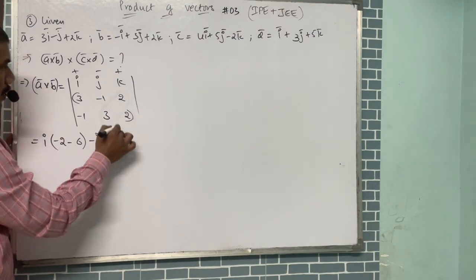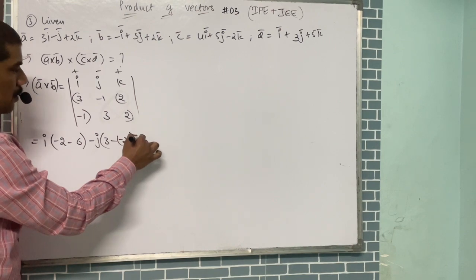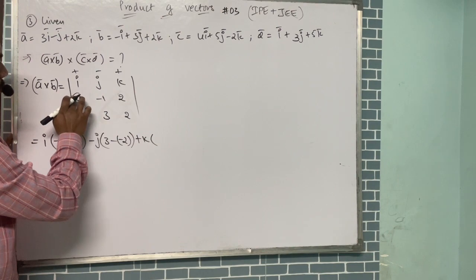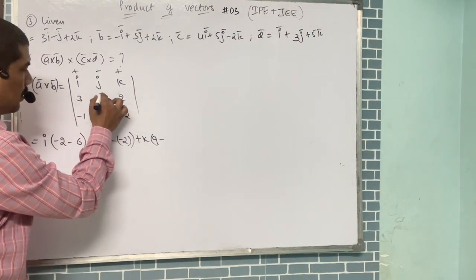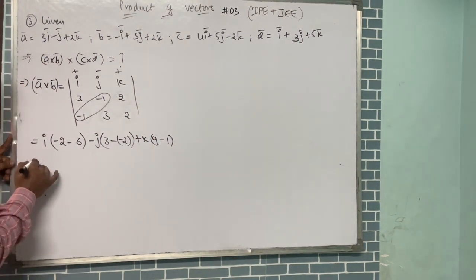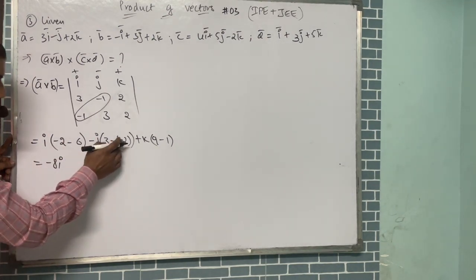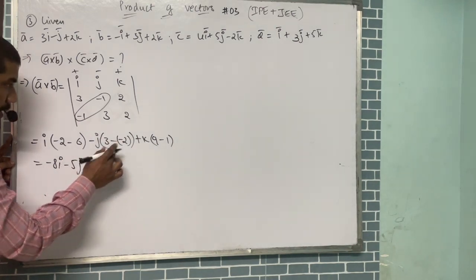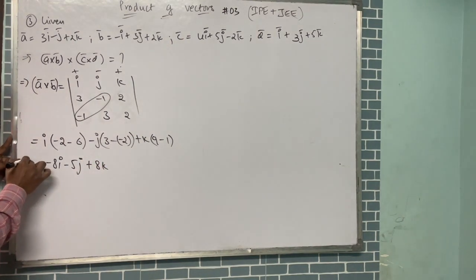AD minus BC minus 2 plus K. AD 3 into 3 9 minus BC -1 plus 1. Okay, so this is -8. So -8I, minus into minus plus 3 plus 2 5. So -5J plus 9 minus 1 8K. So this is our A cross B.